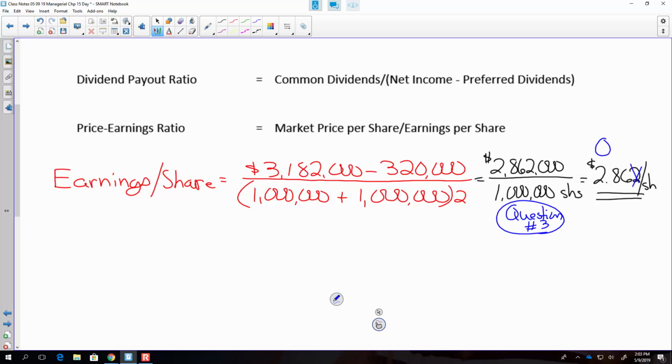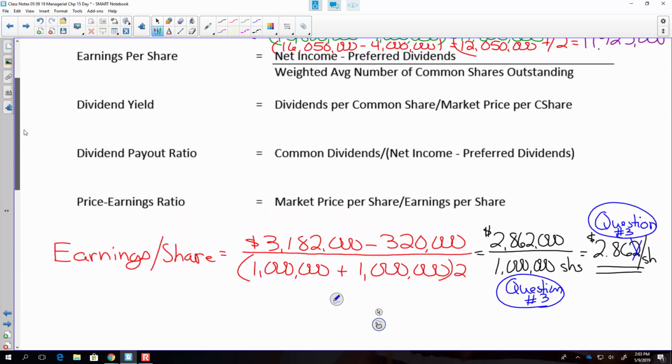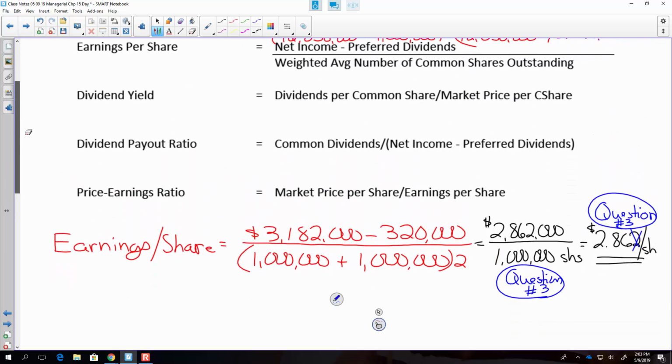Question 3, it is 2.86. I think we have a question 4, right? Oh, price earnings ratio, which is right down here. So here is question 4.